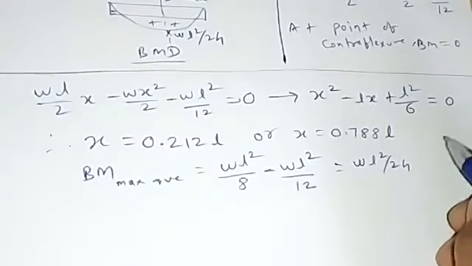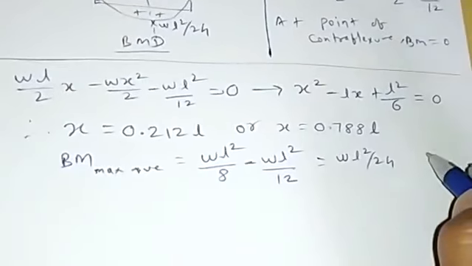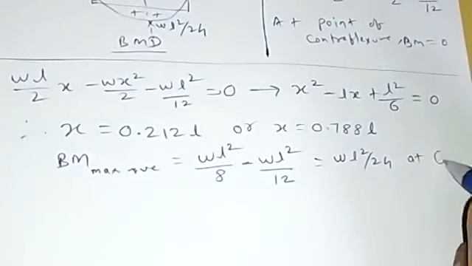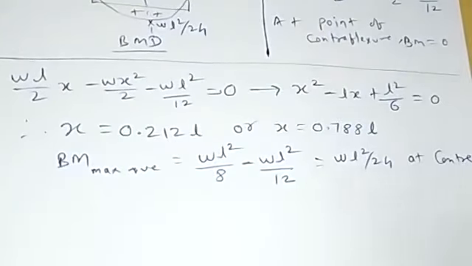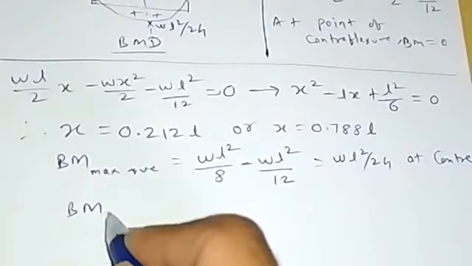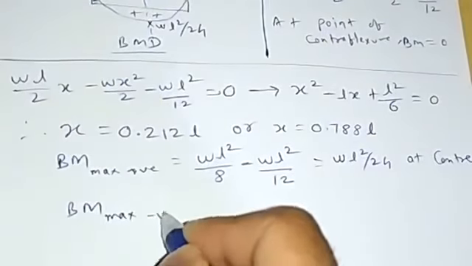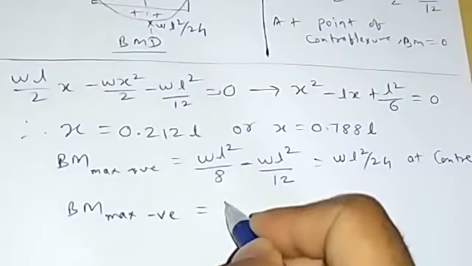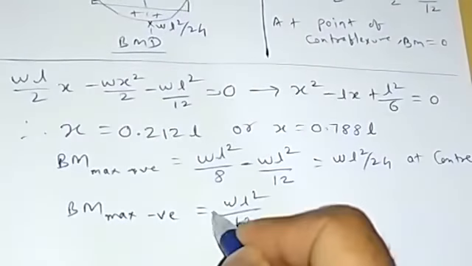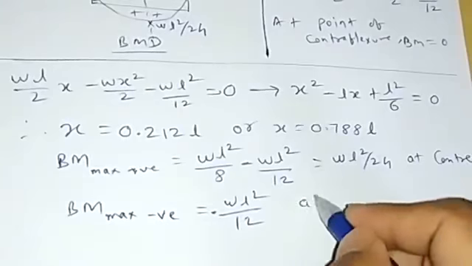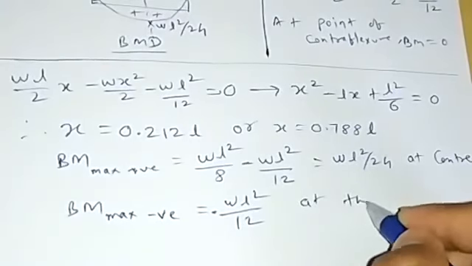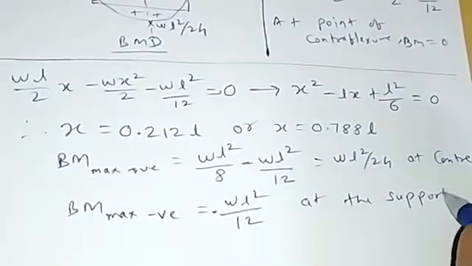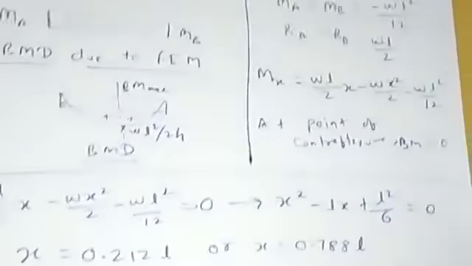This is at the center. The maximum negative bending moment would be WL square by 12, and this is at the support. So this is what we have already calculated.